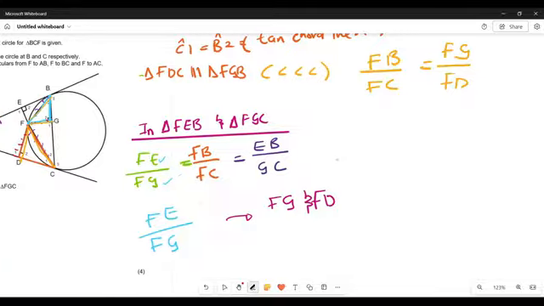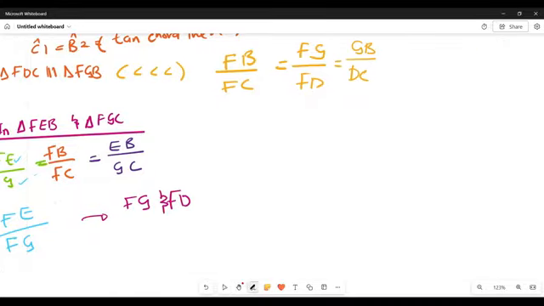And lastly, I have my line GB, and the side that is similar to GB in this triangle is my line DC. The reason for this is that triangle FDC is similar to triangle FGB.